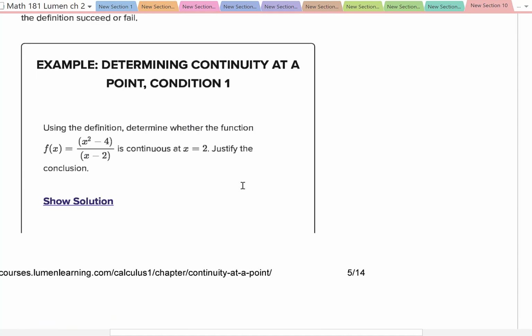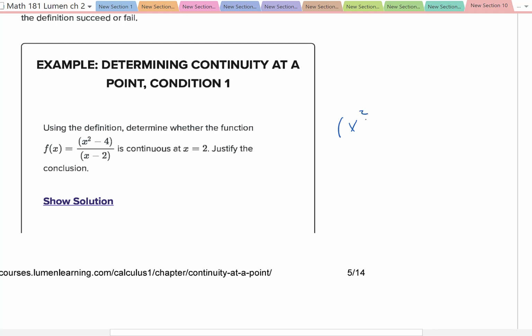So here's our first one. Is this one going to be continuous at x equals 2? If I were to look at this, and just talk about the graph of this, we've seen this problem come up a few times.